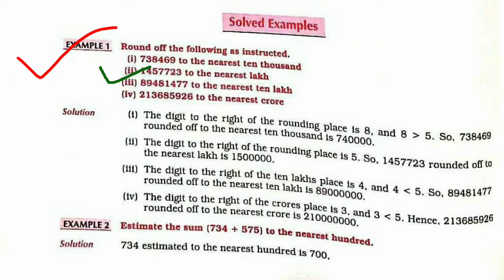Hence 4 becomes 5. Now 14,57,723 rounded off to the nearest lakh is 15 lakh. Let us try one exercise question.